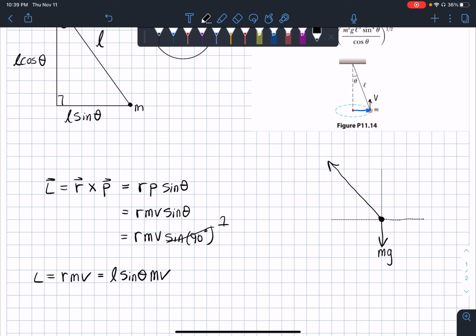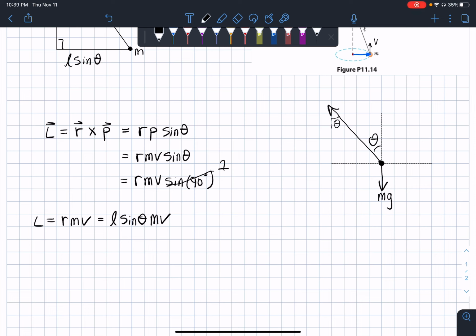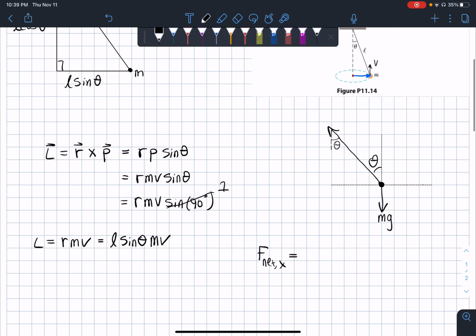If this angle with the vertical right here is theta, and that's just from this picture, that means that this angle is theta because they're alternate interior angles. So we are now going to apply Newton's second law. So we say that F net in the x direction, I should label my x and y.